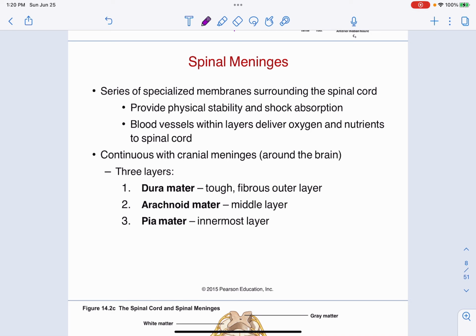There are a series of 3 layers of specialized membranes that surround both the spinal cord and the brain. They are going to provide physical stability and shock absorption around that nervous tissue. There are also blood vessels within these layers to help deliver oxygen and nutrients to the spinal cord.